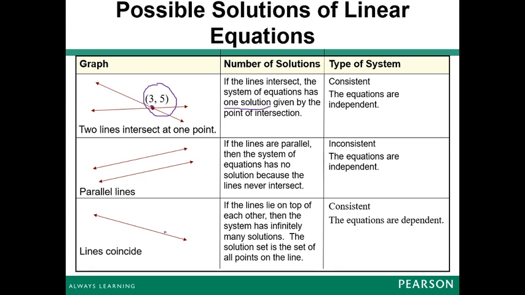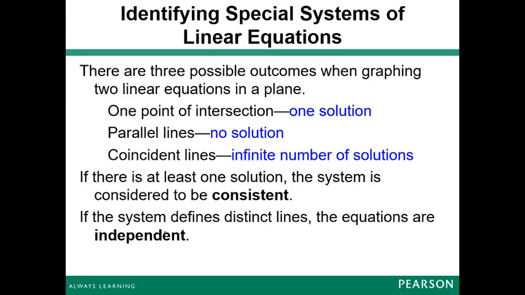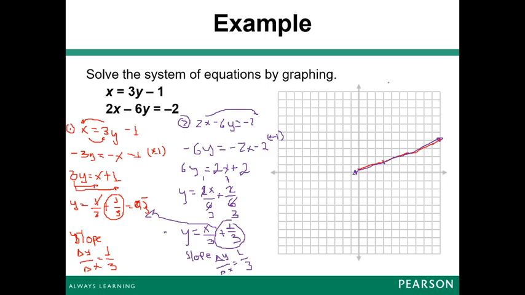The domain and range are infinite, from minus infinity to infinity. In our example, we have lines that lie on top of each other, so we have infinite solutions from minus infinity to infinity.